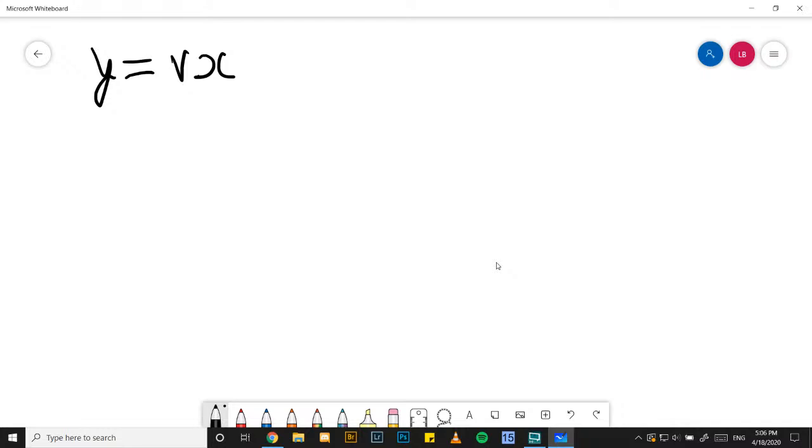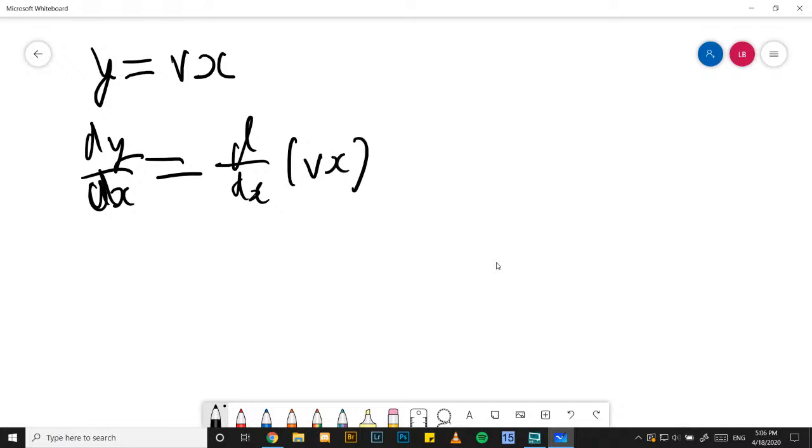So let's think about what exactly is happening here. If y is equal to vx, what you end up doing is replacing all the y's in the question with vx's. And then you also have to replace all the dy dx's with d dx of vx, right?